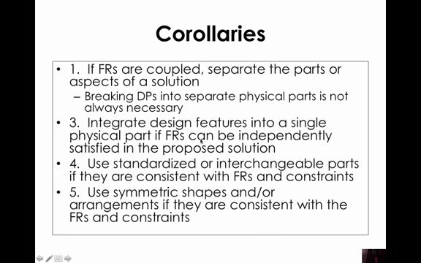We know this from previous design courses or from experience, where standardized or interchangeable parts will help make a better design, and it helps make more consistent functional requirements and constraints. It also helps to minimize the information content in a design.